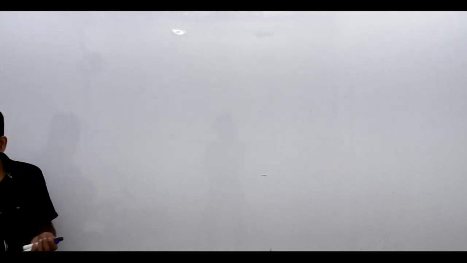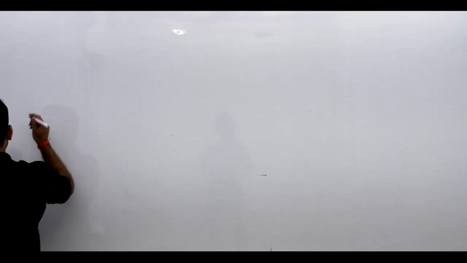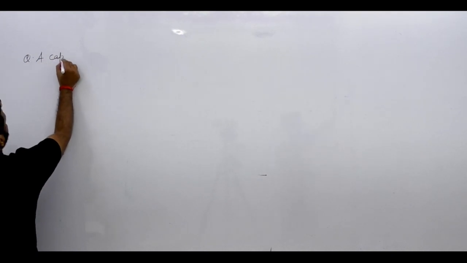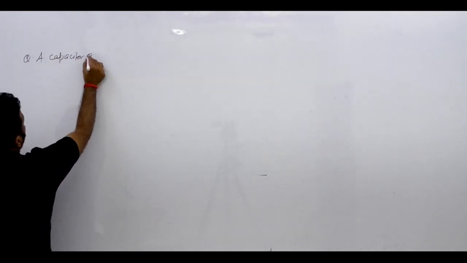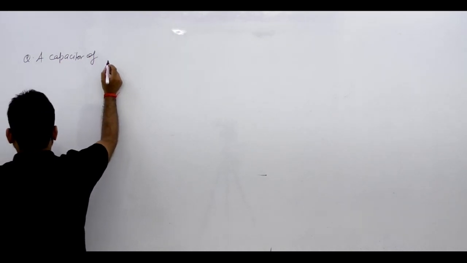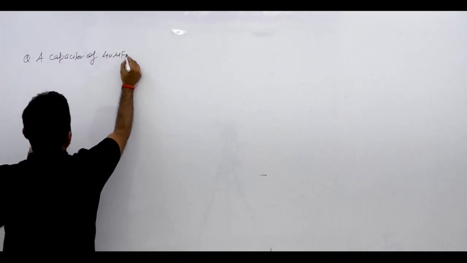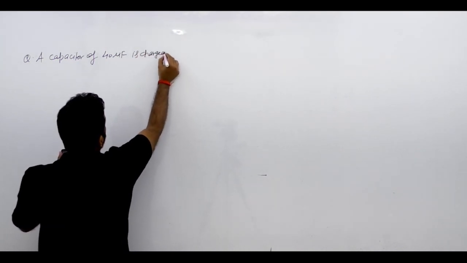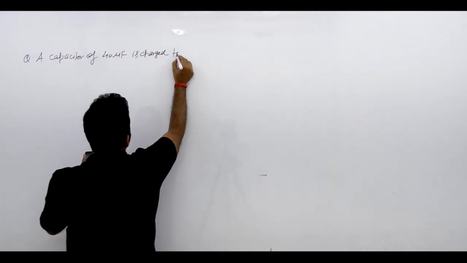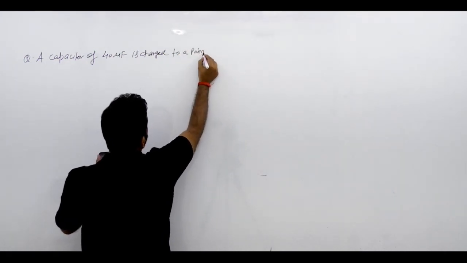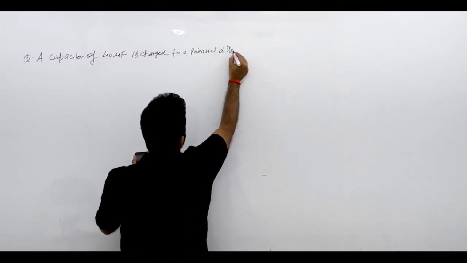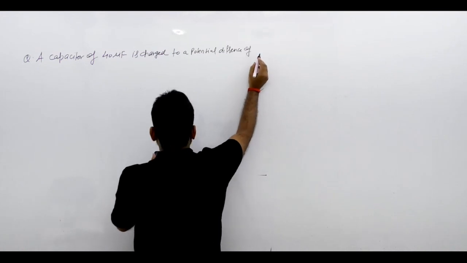स्टार्ट करते हैं नेक्स्ट न्यूमेरिकल फॉर द कैपेसिटिव सर्किट। देखते हैं क्या है अपना नेक्स्ट न्यूमेरिकल। A capacitor of 40 microfarad is charged to a potential difference of 500 volt.